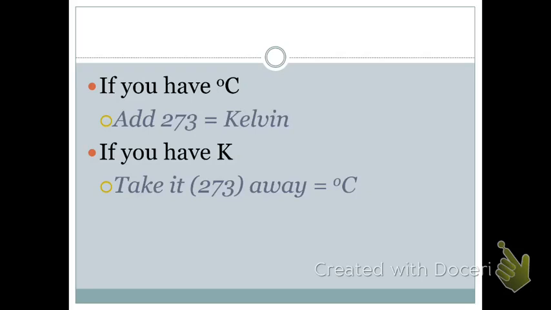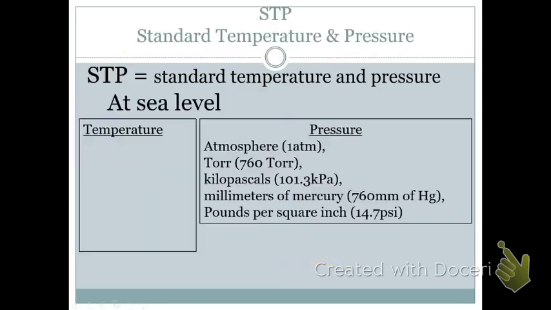Again, if you have C, add 273. If you have K, take it away. If you add 273, you're converting from degrees Celsius to Kelvin. And if you're subtracting 273, you should be subtracting from Kelvin back to degrees Celsius. That's a real big thing you need to know for the gas laws. So write this down somewhere, memorize it, keep it on hand. You're always going to need it.